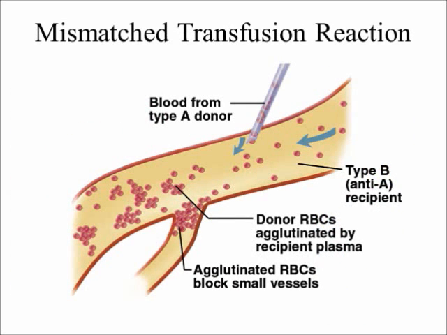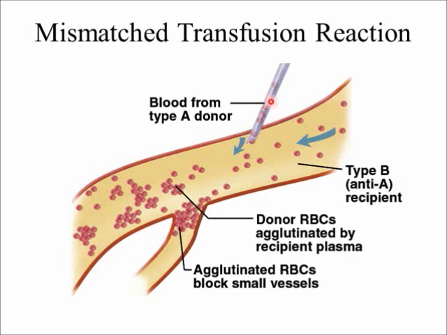So what happens if you get a mismatched blood type? In my example here, you've got the example here where a person is receiving a blood donation from somebody who is type A, but this person is type B blood. So as their blood flows into this vein of the recipient, this type B person is carrying anti-A antibodies.